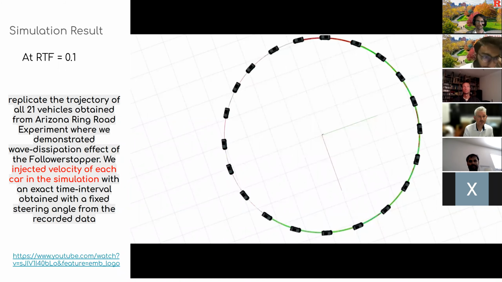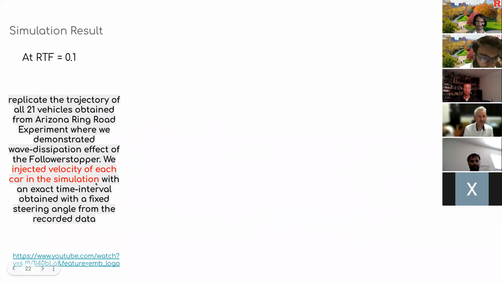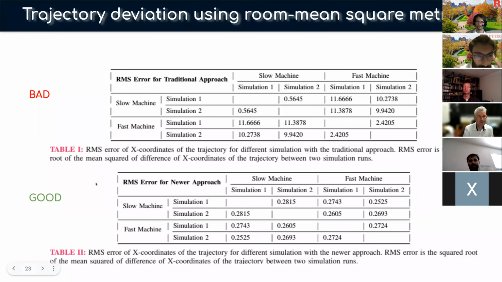So the next slide, maybe have a plot. Okay, so this is the metrics for the repeatability. For example, I had 2 machines, a slow machine and a fast machine. The slow machine has a smaller amount of RAM and a weaker processor, the fast machine has more RAM and a better processor.